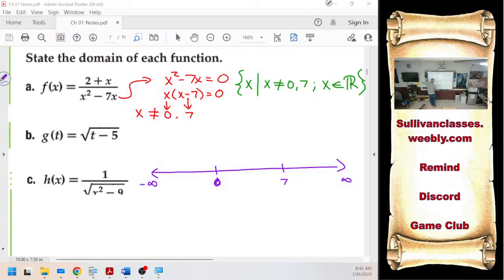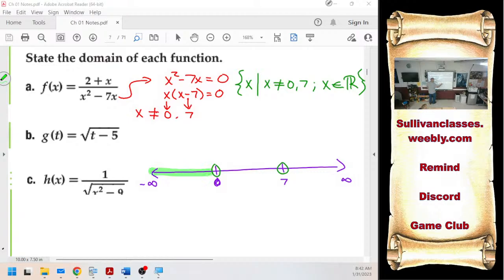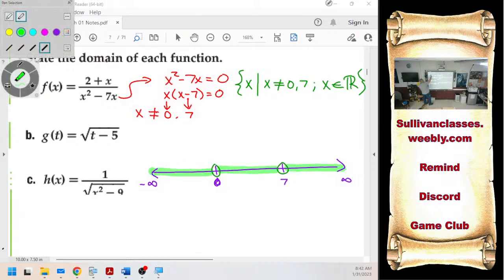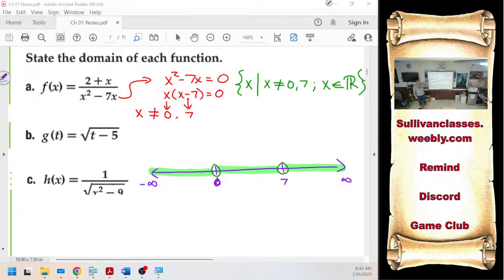Open circles. Open circle here, open circle here. So what else is shaded? Literally everything else. All of this, and all of this, and all of this. Do you remember how to say that using intervals?